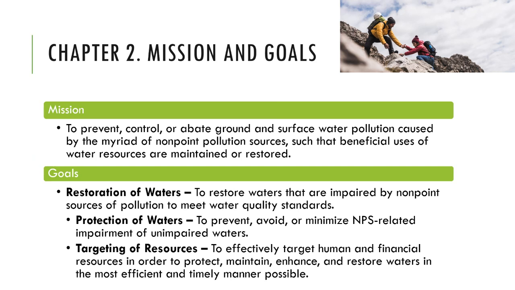Okay, so still thinking big picture about the mission and the goals. The mission, from the perspective of the state of Vermont, is to prevent, control, or abate ground and surface water pollution caused by the myriad of non-point source pollution sources, such that beneficial uses of water resources are maintained or restored.